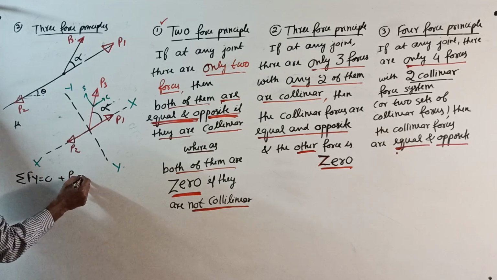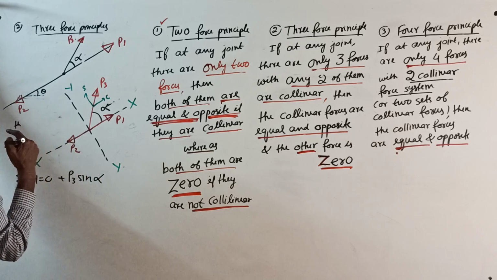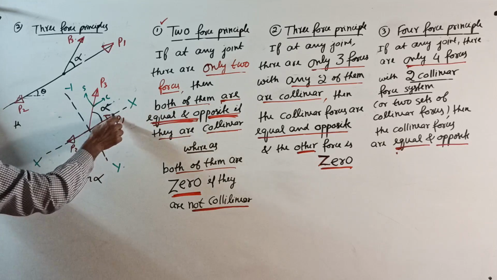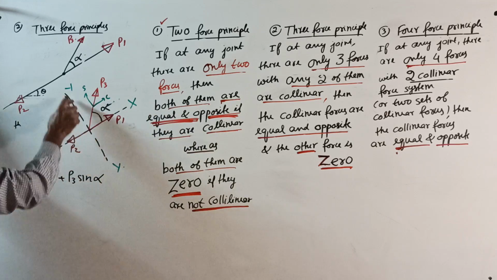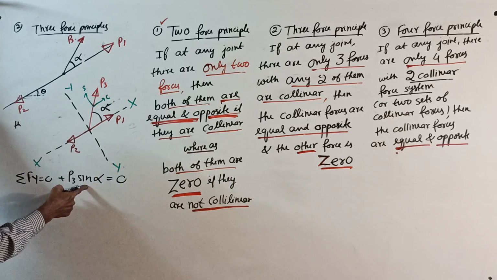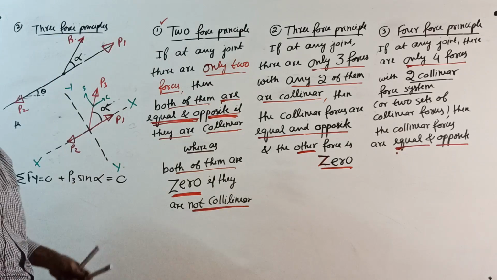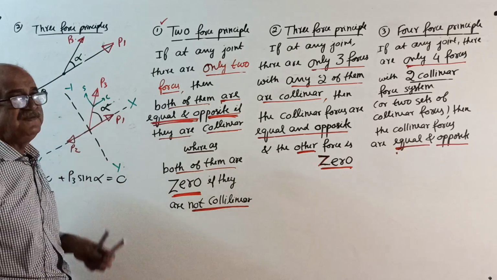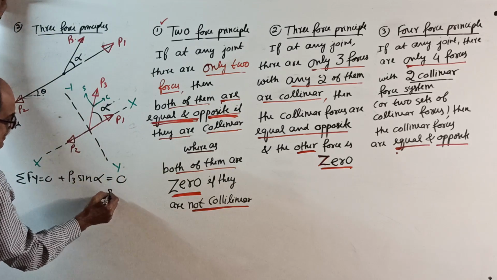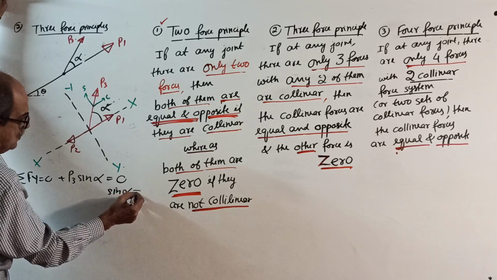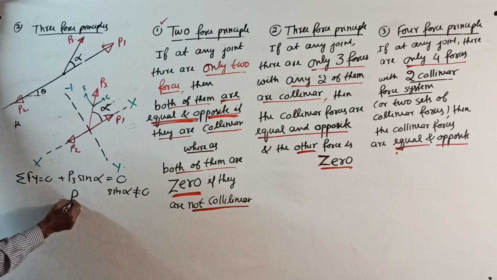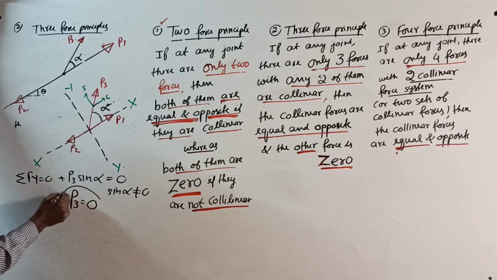P1 and P2 are directly along xx, so they have no y component. Therefore, that is all equal to 0. Sine alpha cannot be 0. Sine alpha is 0 only if alpha is 0 degrees. For any random angle, sine alpha is not equal to 0. Therefore, the only chance is P3 equal to 0. Okay, you got the answer.